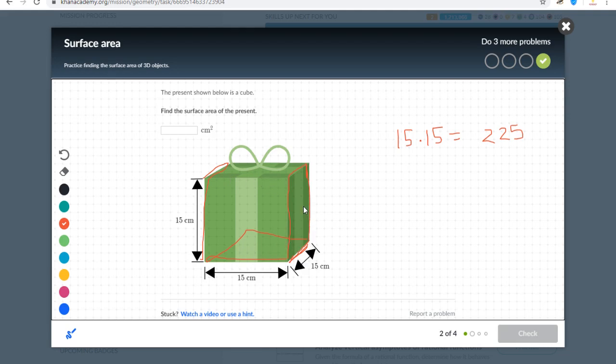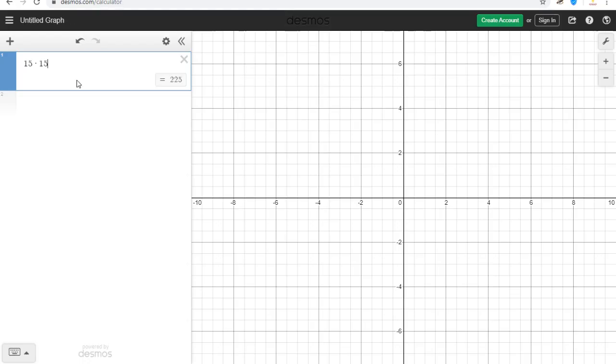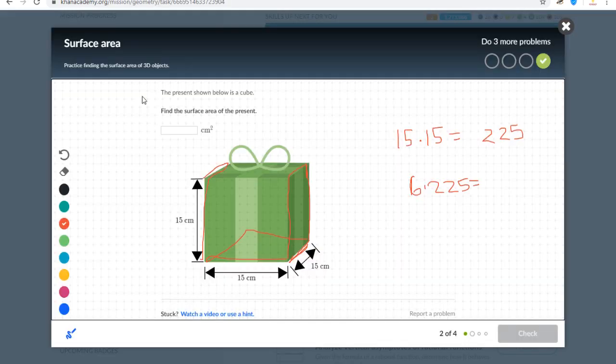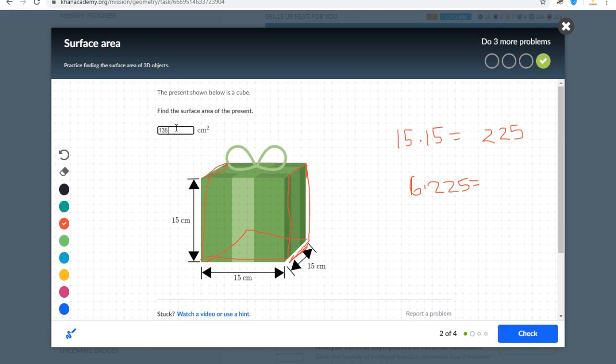So that gives us a total of 1, 2, 3, 4, 5, and 6 total. So if we do 6 times 225, that should give us our answer, and we should have 1350.